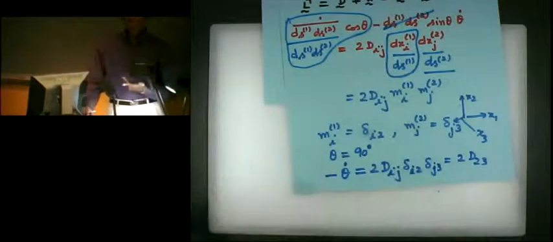So if D23 is positive, then the angle between vectors which are presently parallel to the x2 and x3 coordinate axes is decreasing, and the rate of decrease is equal to twice the value of D23. Similarly for D31 and D12.